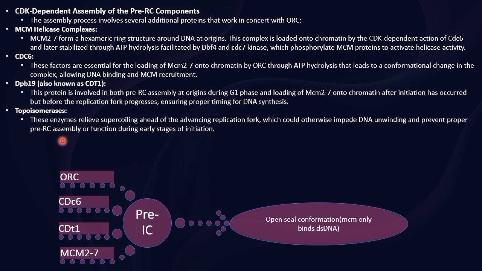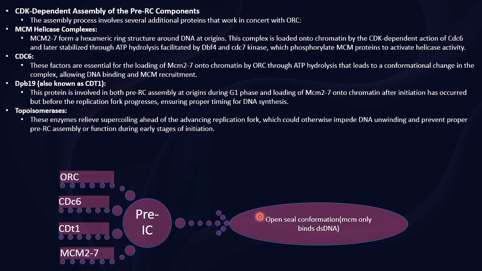The pre-replicative complex is mainly formed by ORC, CDC6, CDT1, and MCM2-7 complex. These four proteins and complexes interact with each other to form the pre-RC, which leads to the formation of the open seal conformation of MCM2-7 helicase, which only binds to double-stranded DNA. I'll explain this open seal conformation later in this video.